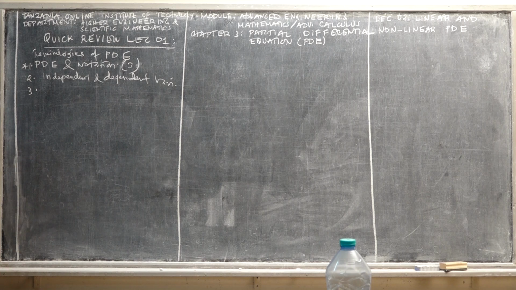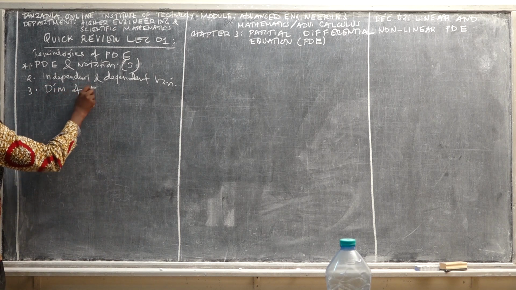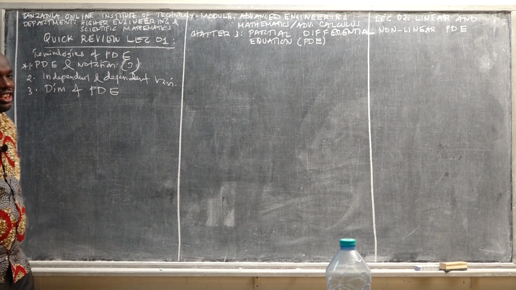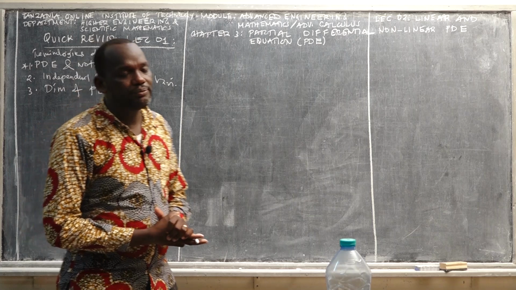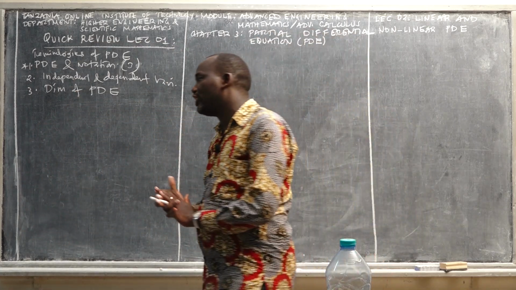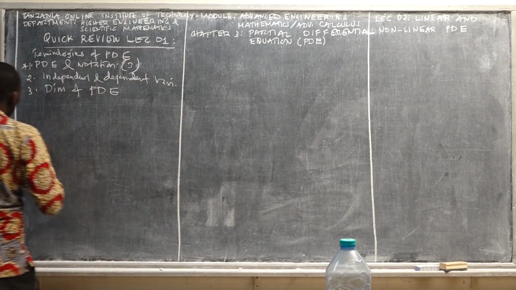The third terminology we discussed is the dimension of a partial differential equation, the measure of the number of independent variables present in a given partial differential equation.